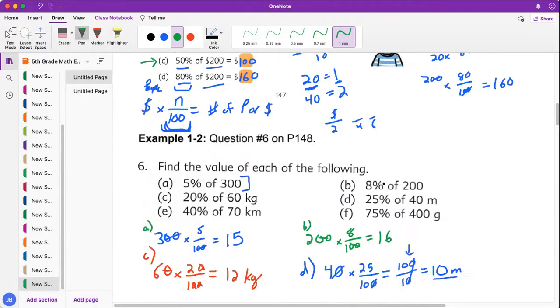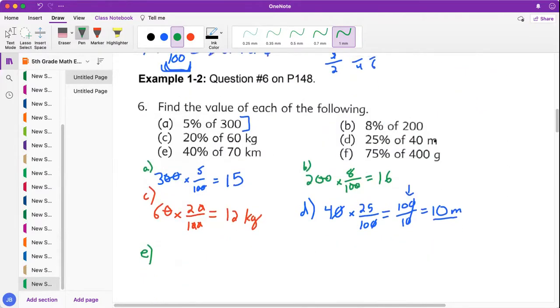And let's see, for D, for instance, if we know that 25% is the same as 25 over 100, I know that 25 over 100 is the same as 1/4. And so we could have done 40 divided by 4 and gotten 10. Does that make sense? Yes.